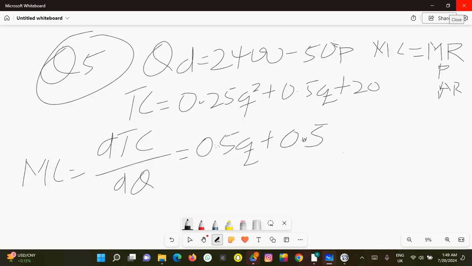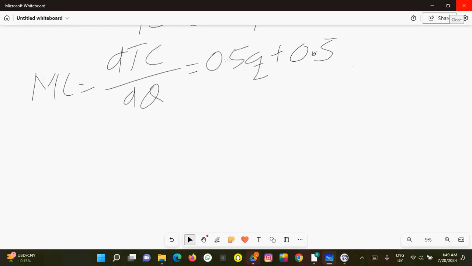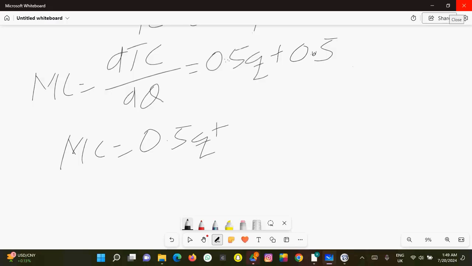So this basically means that MC equals 0.5Q plus 0.5.